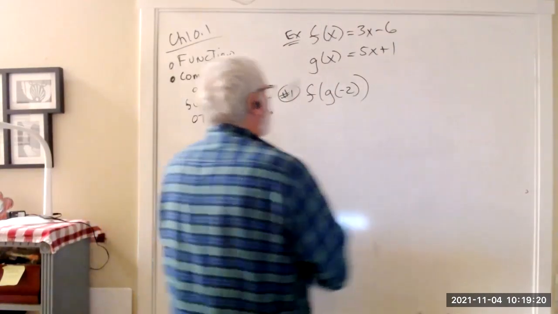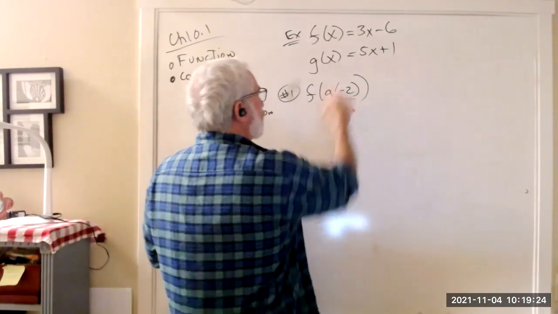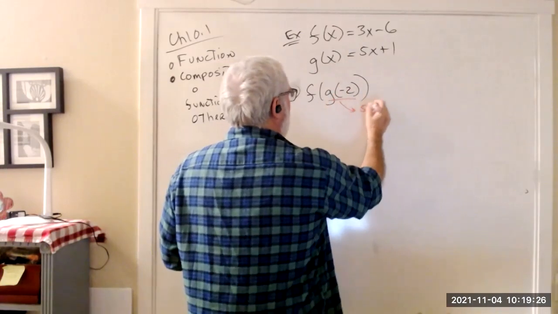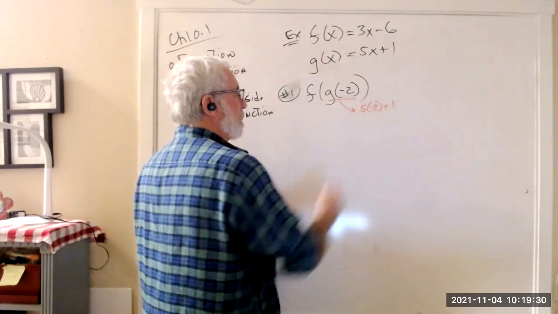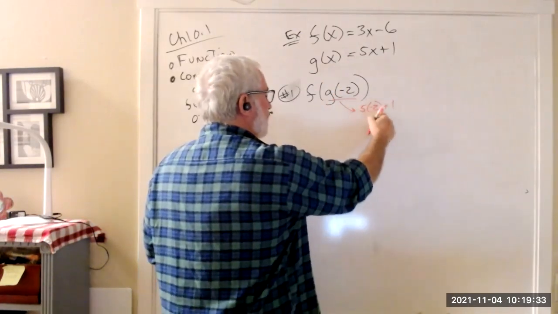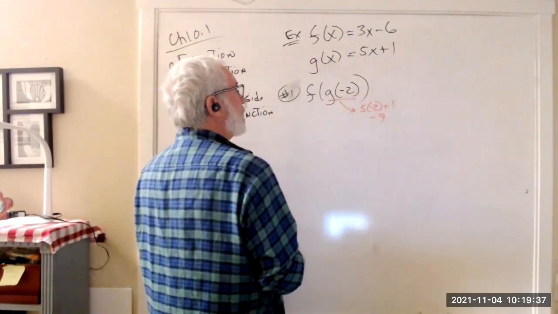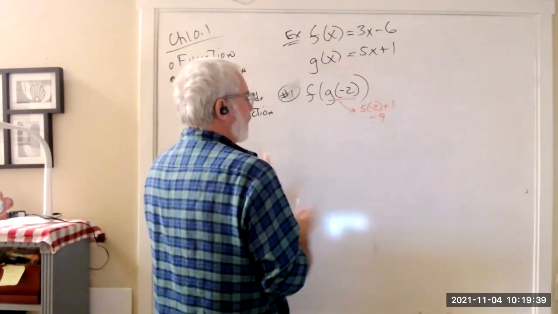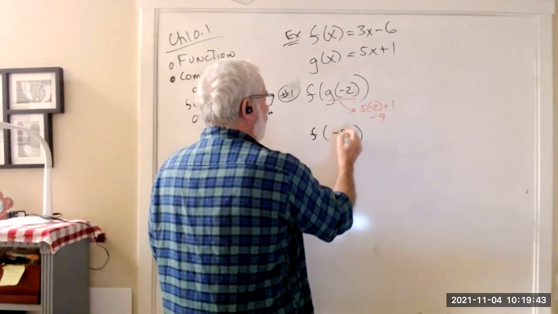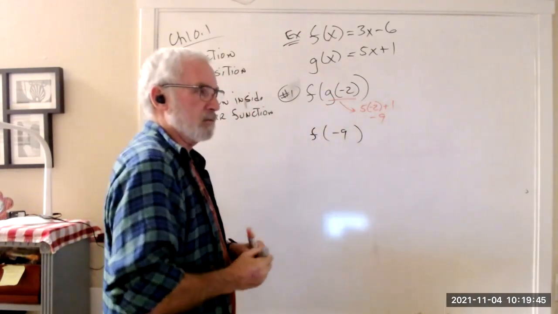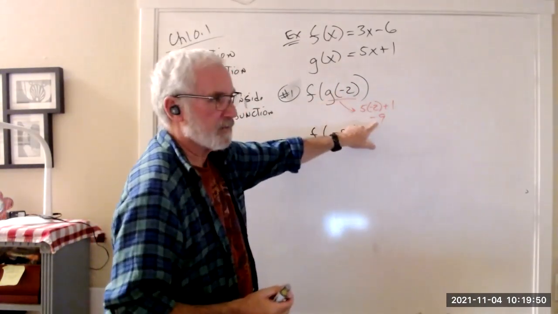Let's see. First thing we do is we stick negative 2 into the g function. So that's 5 times negative 2 plus 1. 5 times negative 2 is negative 10, plus 1 is negative 9. Oh, I was wrong. So what that means is we've just turned this problem into f of negative 9. g of negative 2 is worth negative 9.